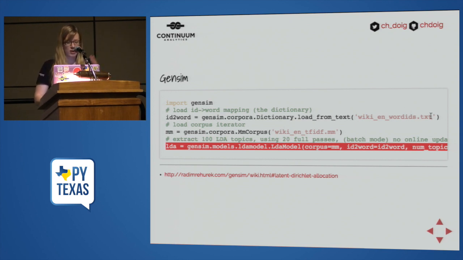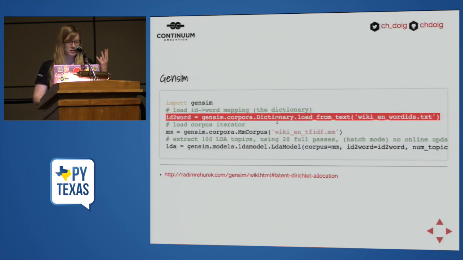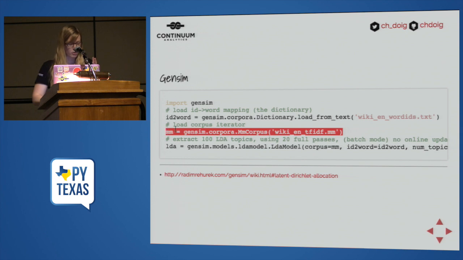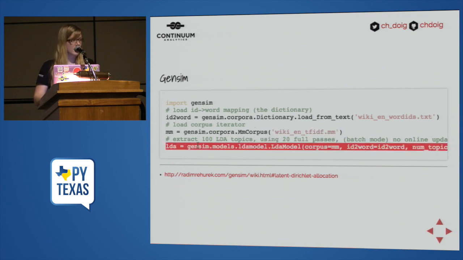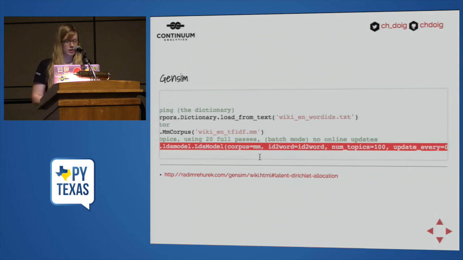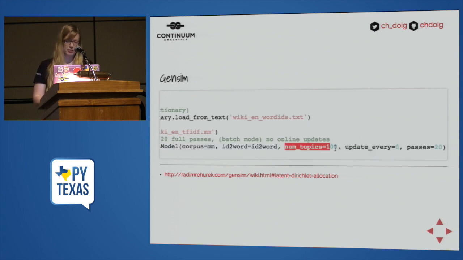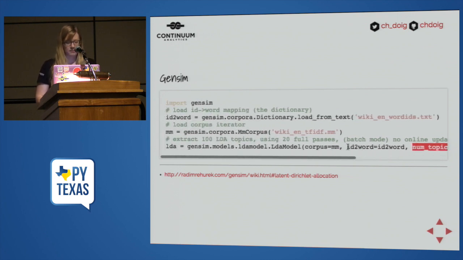So in here, just think of it like we're loading our data set, our text documents, we're loading a corpus, and now we're implementing LDA, which is the black box that we've been talking about. So we pass the corpus to it, what we're gonna call the dictionary, which we're gonna talk about in a second, and this parameter of how many topics we want to find.